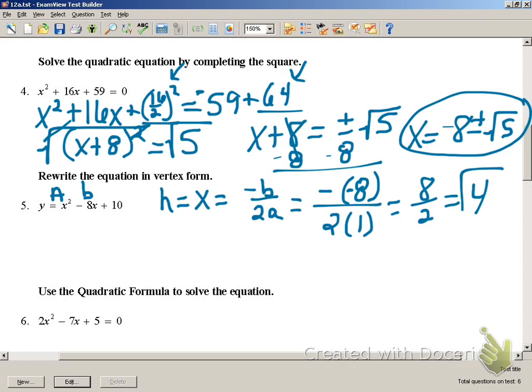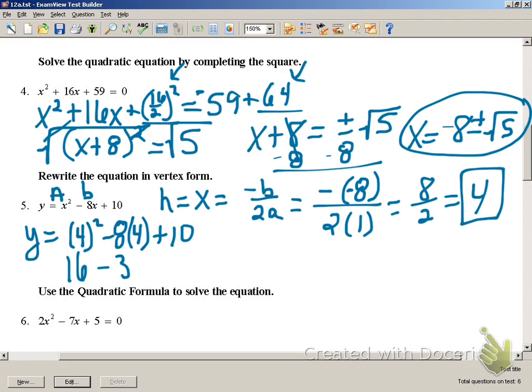So I have to take that 4 and plug it back in to find y. So I have 4 squared minus 8 times 4 plus 10. That will give me my y component. 16 minus 32 plus 10.